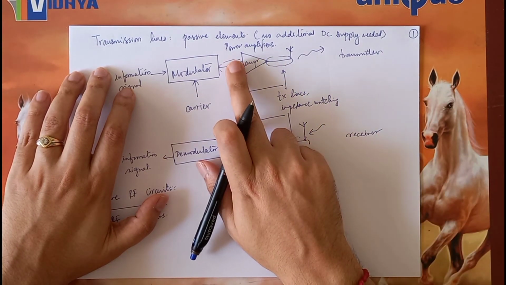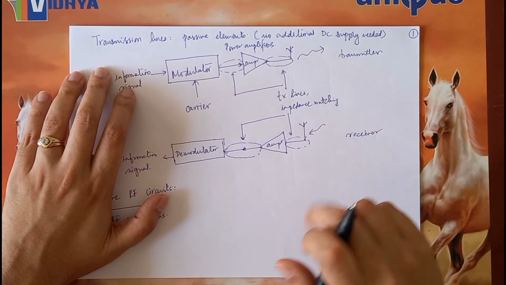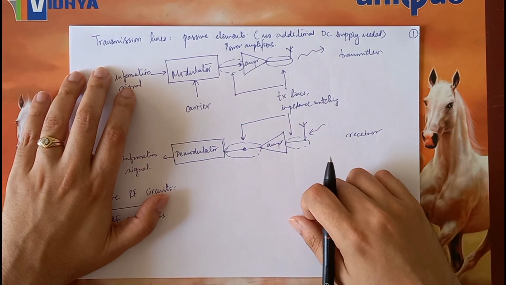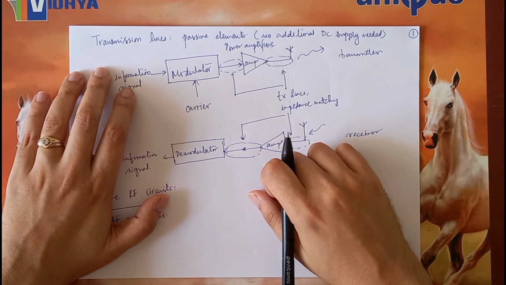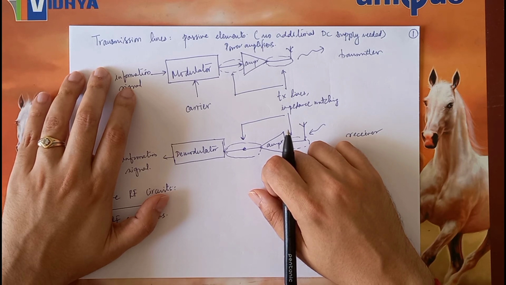Whereas the signal is much clearer at the modulator output, the received signal is often buried in noise. For example, if you have to receive a wireless signal on your mobile phone, it can be as weak as -80 dBm, -90 dBm, or -100 dBm. You can think in terms of milliwatts, that is such a small fraction.